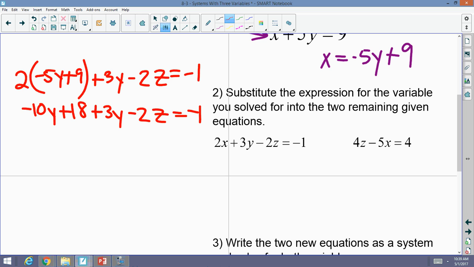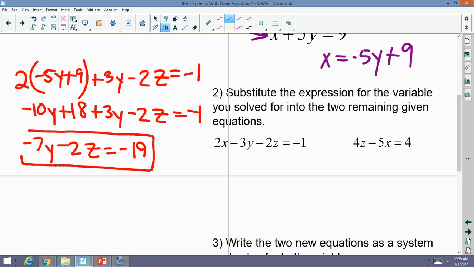So I've got negative 7y minus 2z equals negative 19. Did everyone see where I made the substitution, why I made it, and how I'm left now with only a y and a z? Thank you, son.